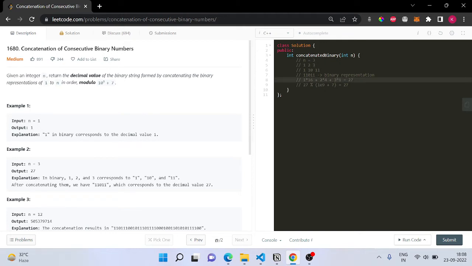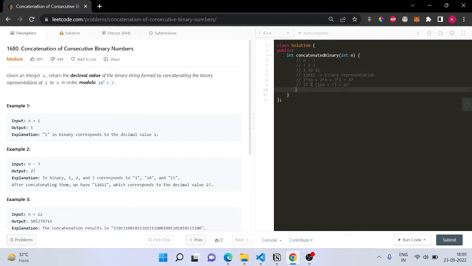The number of bits in the binary representation of 3 is 2. What does that mean? The number that came just before 3 is left shifted by the number of bits that are there in 3 itself. So the number of bits in 3 is 2, so we are left shifting 2 by 2.